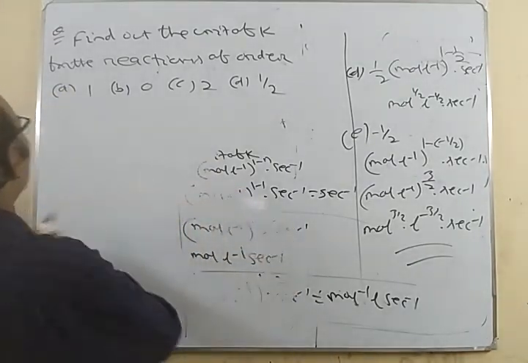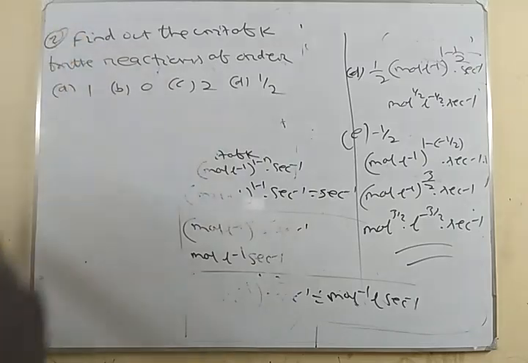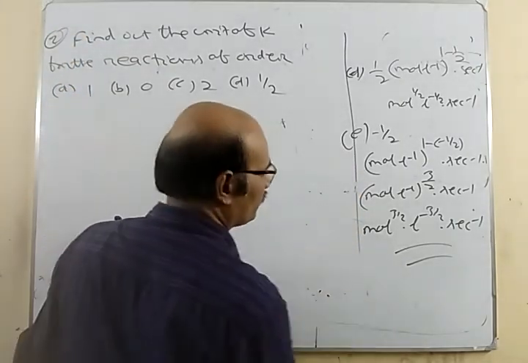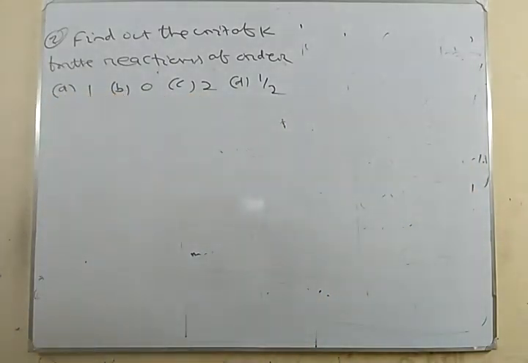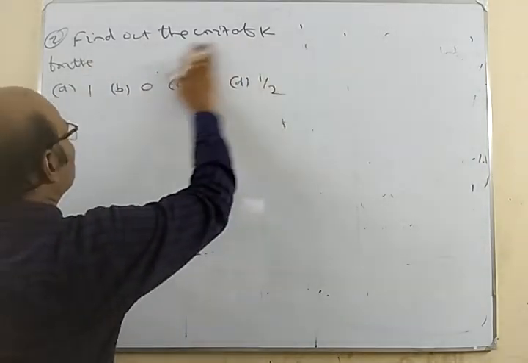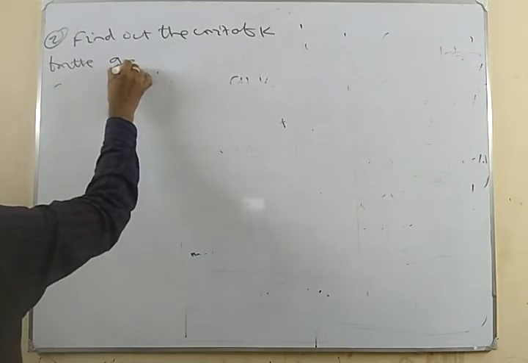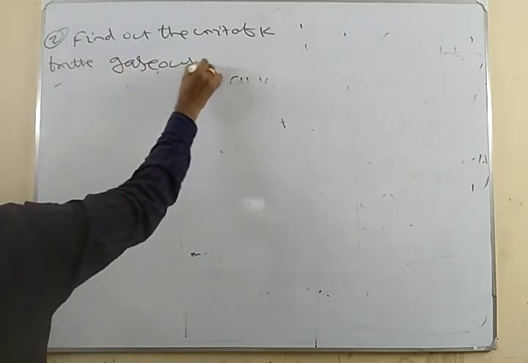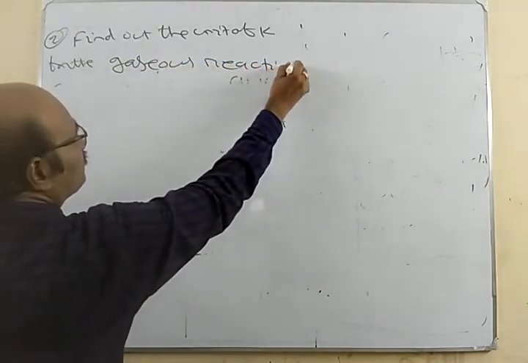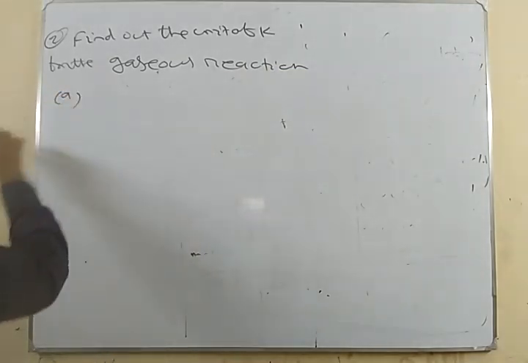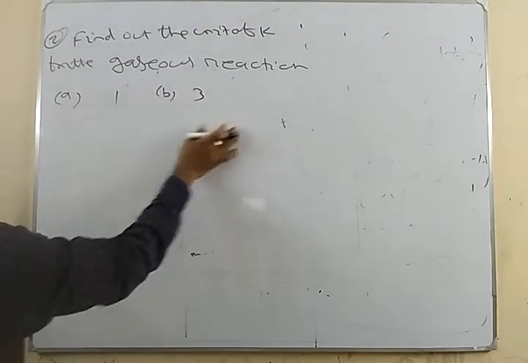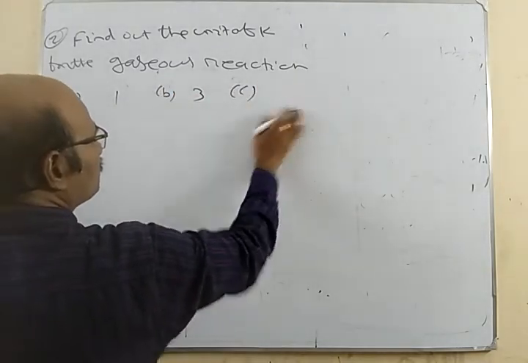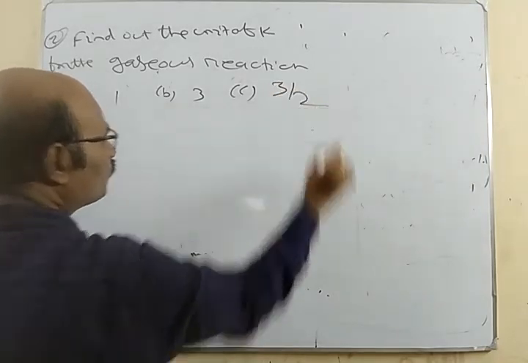Similarly, question number 2: find out the unit of K for the gaseous reaction, for orders 1, 3, and 3 by 2.